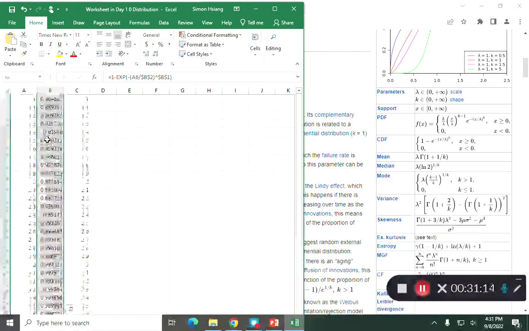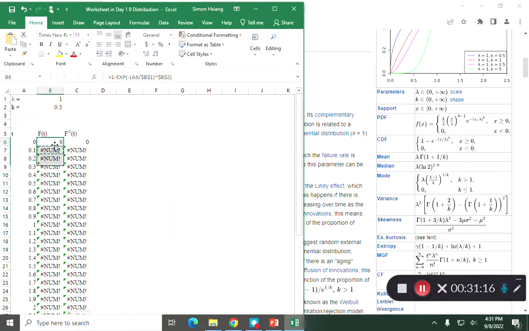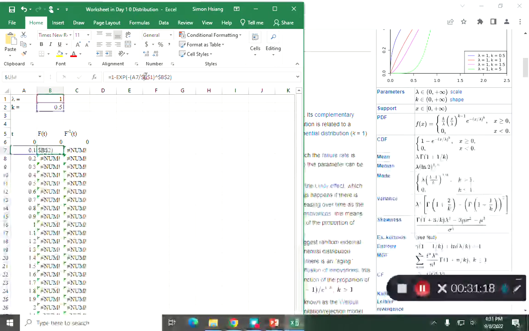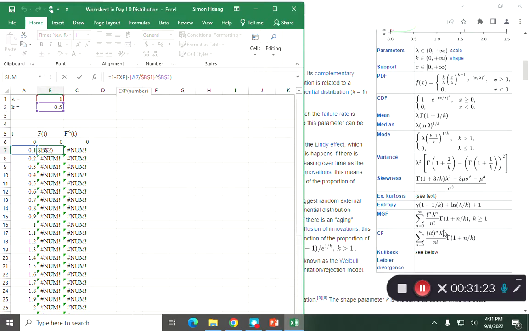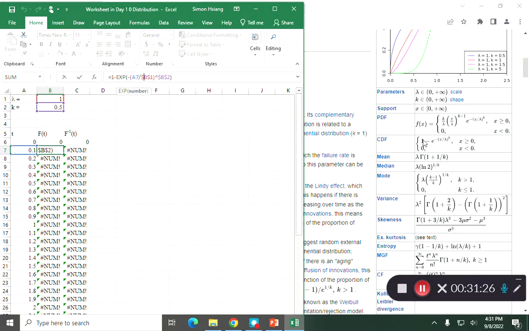Why didn't it work? Victoria, do you see where I am right now? Okay, so this is the one, right? Oh, you mean put it inside? I'm not sure. No, it should be outside.